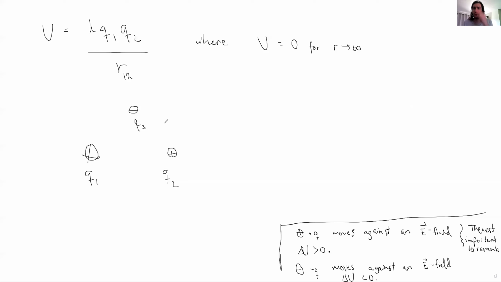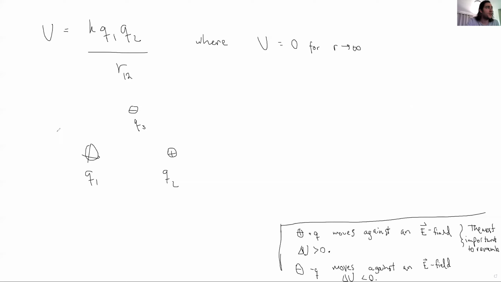Well, the first thing that you should understand is that this Q3 has not just moved closer to Q1, it's also moved closer to Q2. So there's a potential energy here associated with Q3 and Q1 and Q3 and Q2.